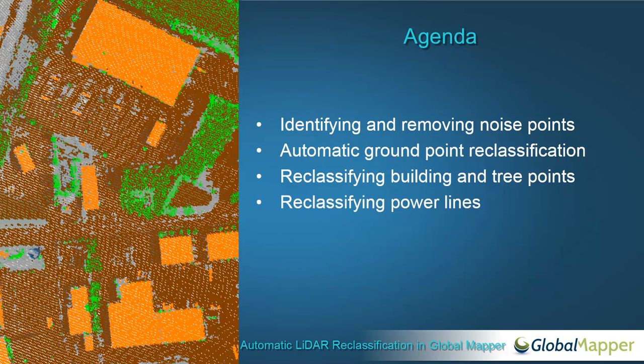The final workflow that we're going to go through today is one that we've developed specifically for looking for power lines or utility lines, and this is a fairly straightforward process. If you have a linear point cloud or a point cloud following a linear feature, identifying those linear patterns in that point cloud allows you to reclassify them based on this power line classification.